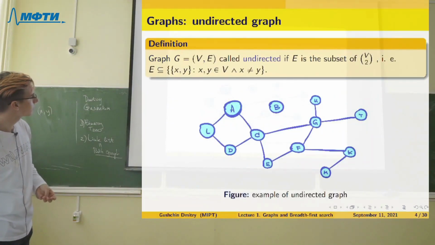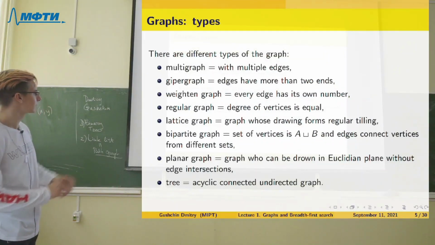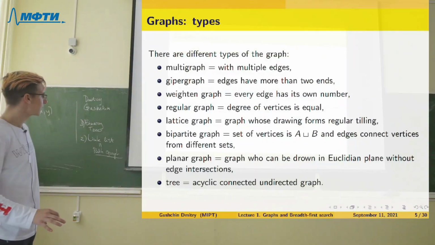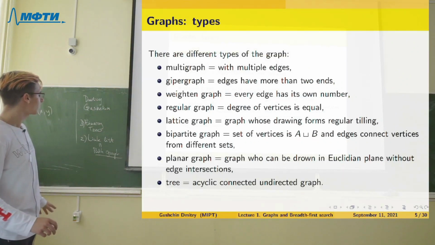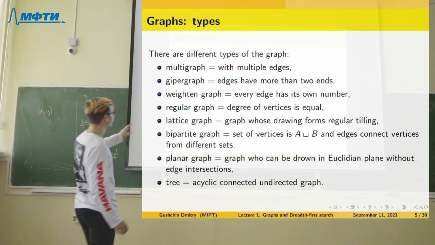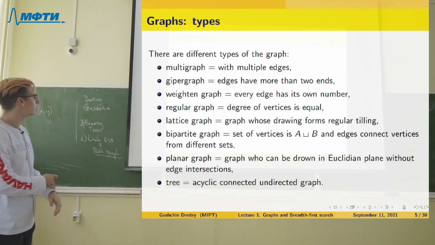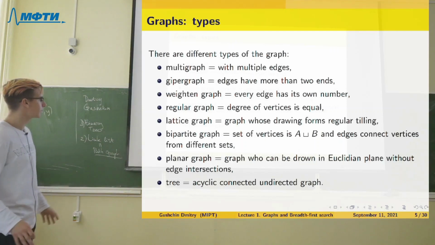Okay, and of course there are a lot of types of graphs. We will talk about, for example, bipartite graphs, weighted graphs, trees.